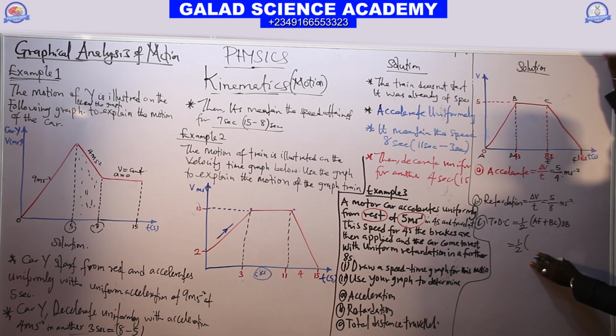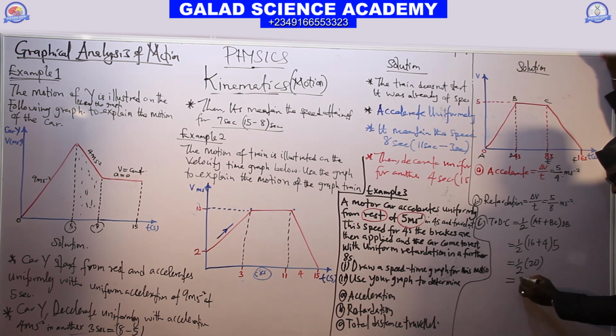What is AF? It is 16. BC is 4. The height is 5. If you add them together, we have 20. Half of 20 times 5 is 100, I mean 50 meters.